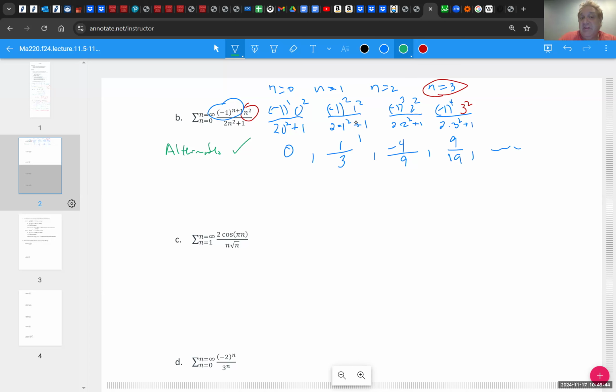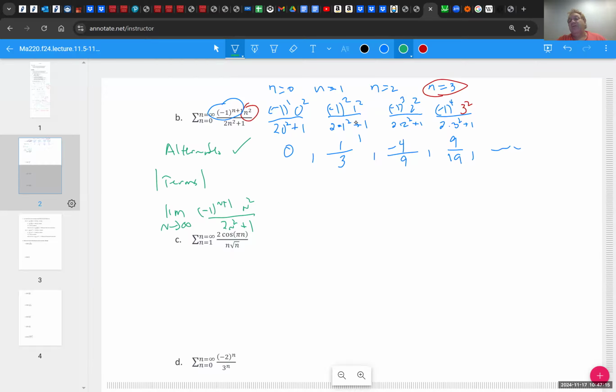Do the terms get smaller? And do the terms go to 0? Well, for the terms getting smaller, again, we take the absolute value. And for the limit, we don't really care about the negatives too much, but we just take the limit of this thing. So how do we see if the terms get smaller? Now, the denominators are getting bigger.